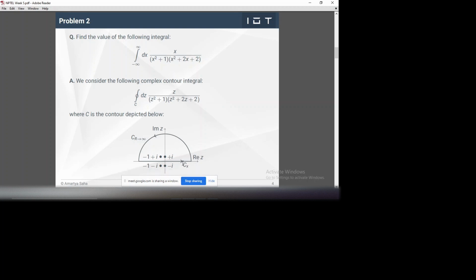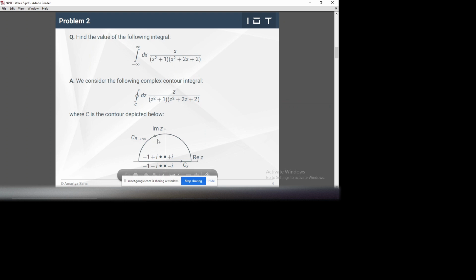This arrow denotes minus infinity to plus infinity, to make the closed contour continuous. With a little common sense, this arrow should extend from this real line to this contour, extending along the semicircular arc in the counterclockwise direction.